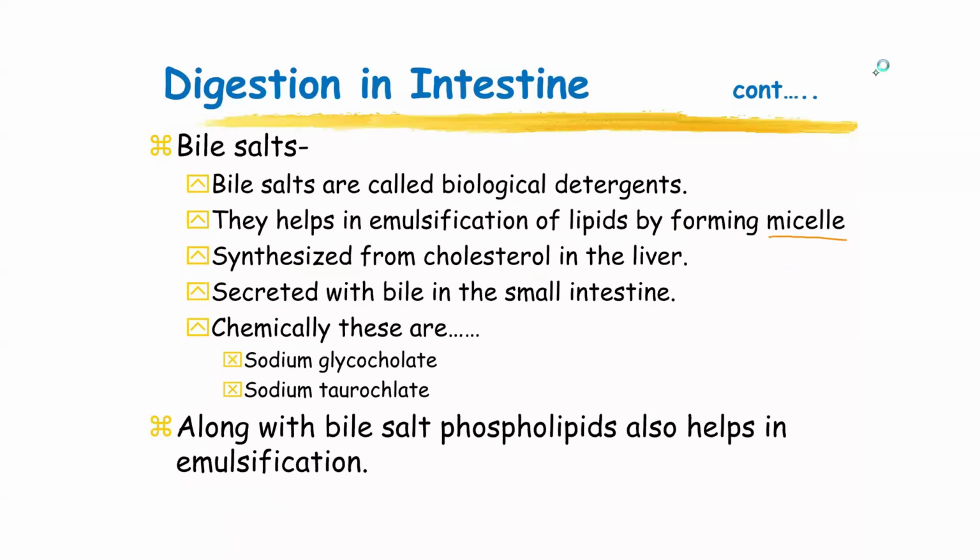This bile acid is synthesized from cholesterol. So we produce bile salt from cholesterol in the liver, then we store it in the gallbladder.